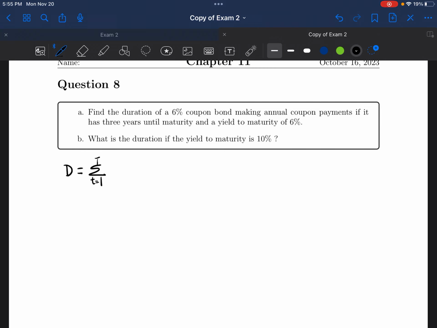the summation of t equals 1 to T of t times weight. So what is the weight? The equation of weight is each cash flow discounted to time 0 over the bond price.